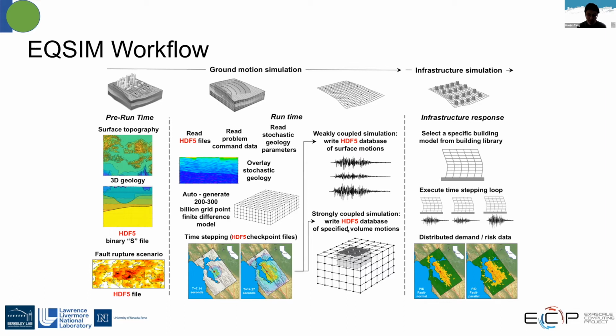People also need more than a single point, for example a sub-volume or 3D volume of the domain, and those have also been converted to use HDF5 for storage. Once those data are generated, the structural engineers use the motions to run simulations, analysis, and visualizations to provide the final output.